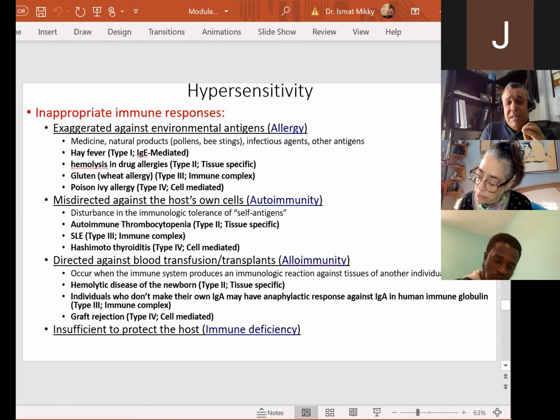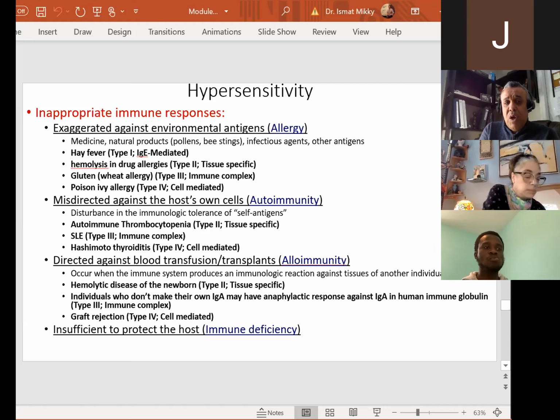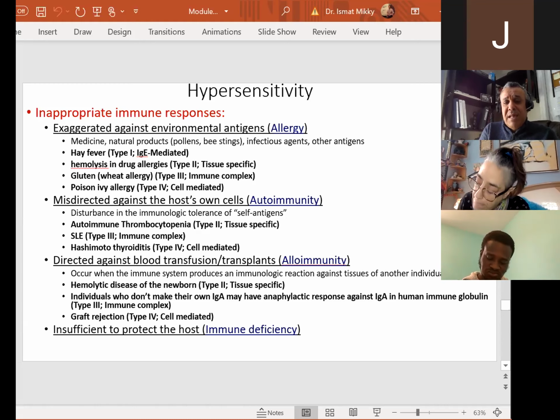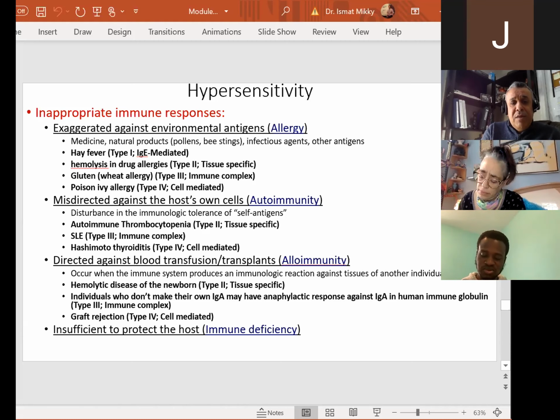So this is autoimmunity: our own immune system is going to target its own cells and destroy them. We don't have an example here of type 1, given that it's an autoimmunity and because it's IgE. We have the third one, which is alloimmunity.